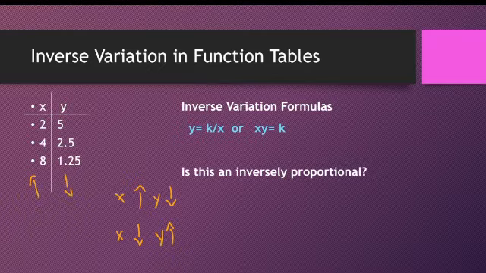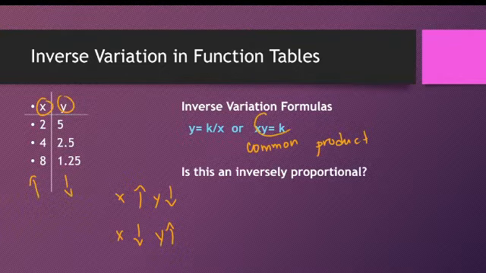So, dahil nga meron tayong tinatawag na constant of variation, which is the common product, yun yung i-check natin. So, dapat lahat ng xy natin na constant must be in common product.